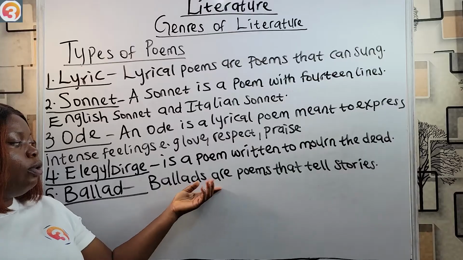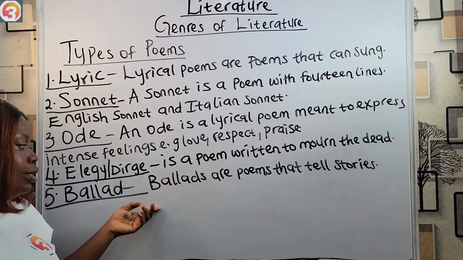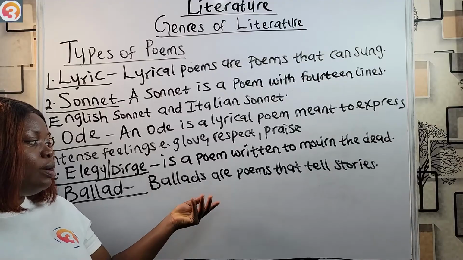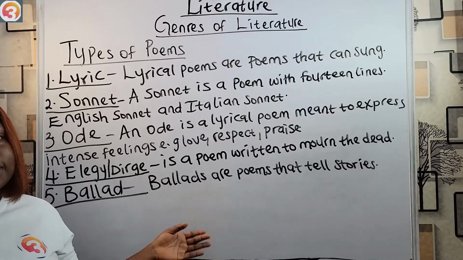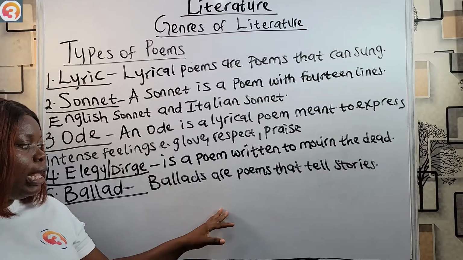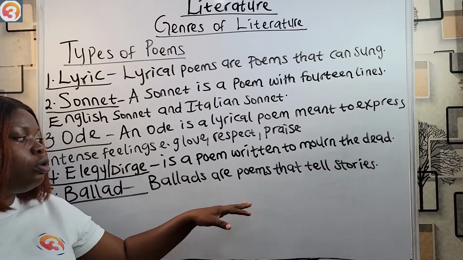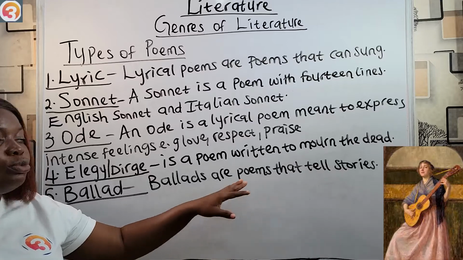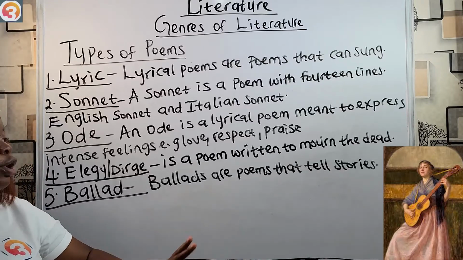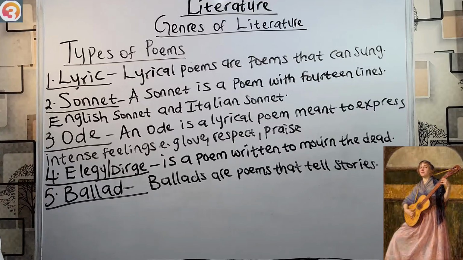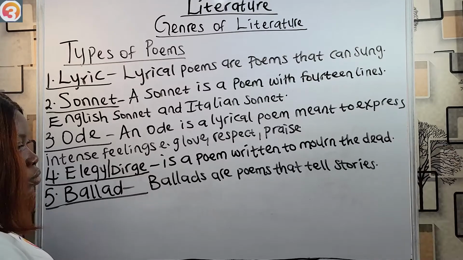This is one of the oldest forms of poetry that we have. And they are mostly, not always, it's not a rule, written in 4 line stanzas, or you can say quatrain. That's the name for stanzas that contain 4 lines. So most ballads contain that, but it's definitely not a must that if you're writing a ballad, it must contain 4 lines in a stanza.